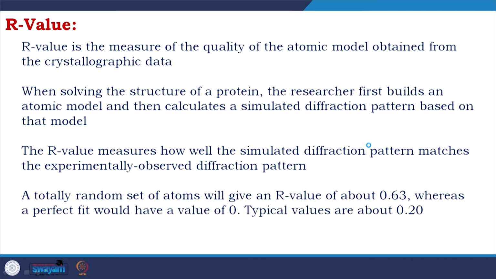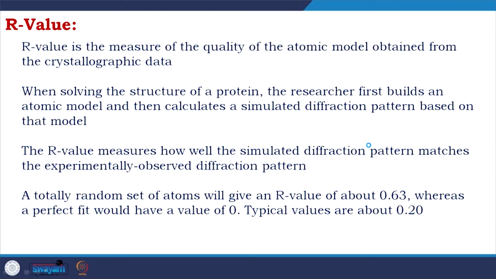A totally random set of atoms will give an R value of about 0.63. If you go back to the last class's slides, when we were doing molecular replacement, the R value was around 0.6 to 0.7. So that is what a totally random set of atoms gives, about 0.63, whereas a perfect fit would have a value of 0.